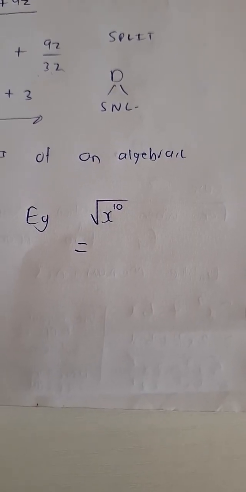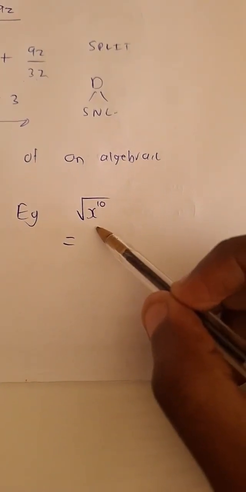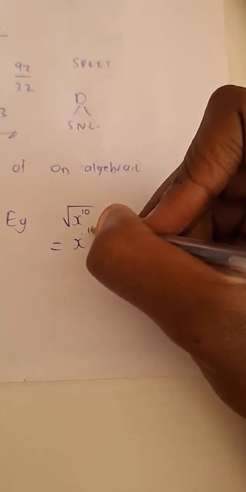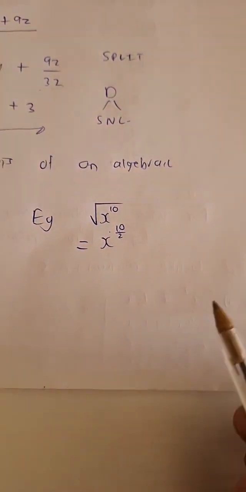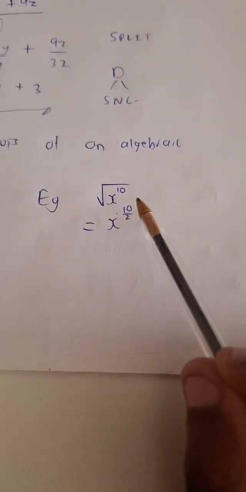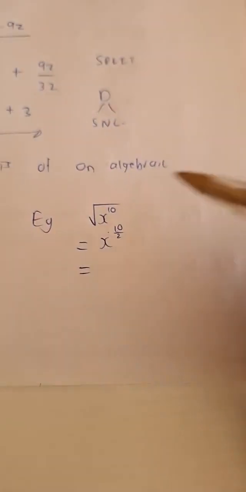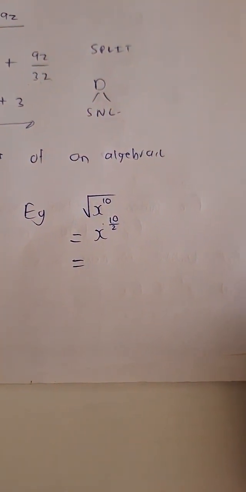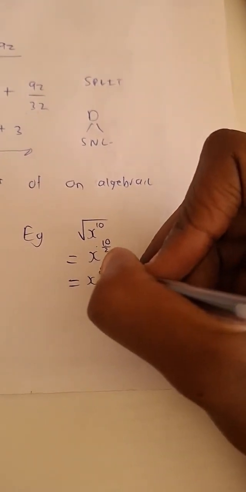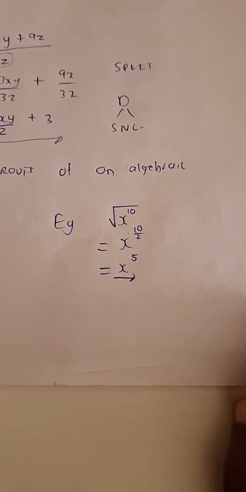So the square root of x to the power 10 will give us x to the power 10 over 2. Very good. But we know that we can simplify this further. This is a fraction. What's 10 divided by 2? So that our answer is as simplified as possible. That means our final answer is x to the power 5.